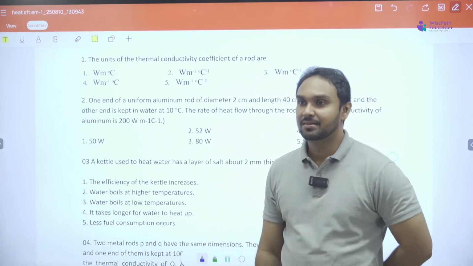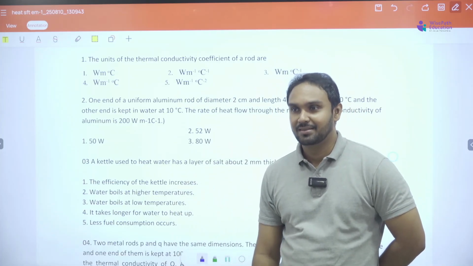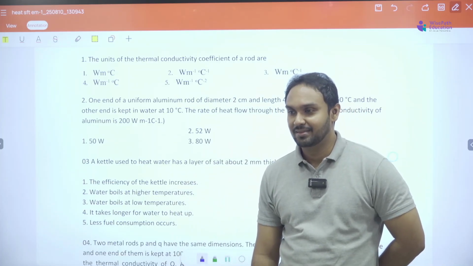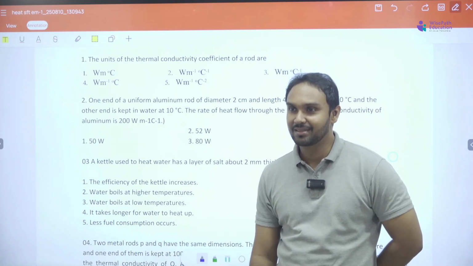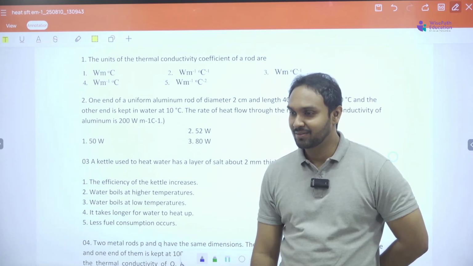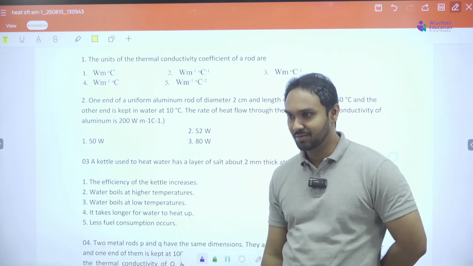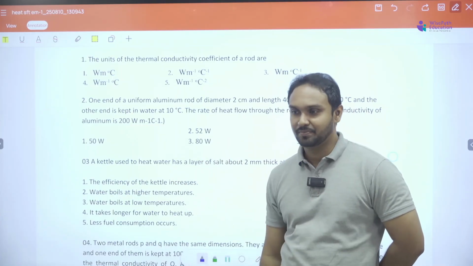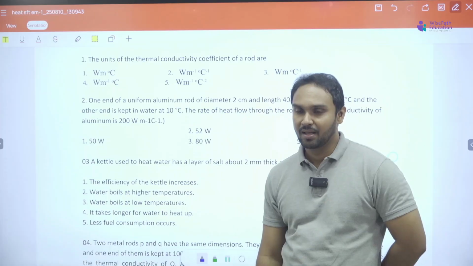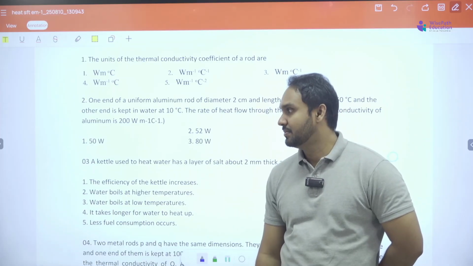Finish? Huh? Not finished yet? Taking so long. Now this is just a simple application of the formula. Oh, this is the basic. What happened to the text messages?